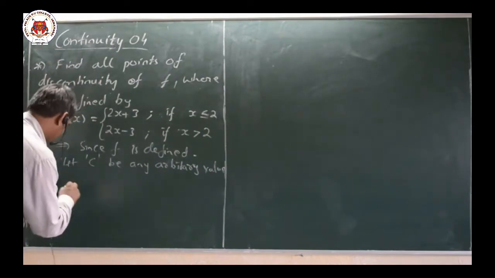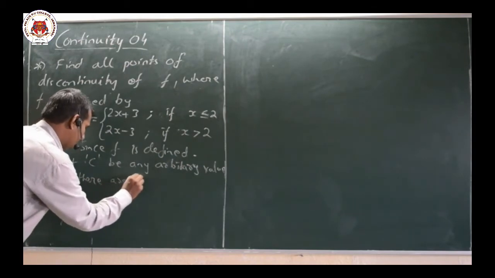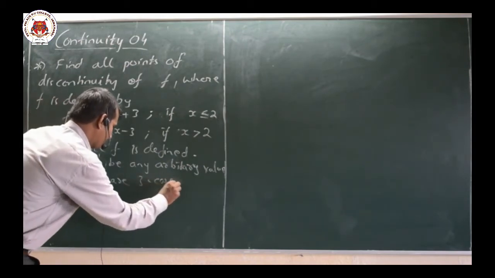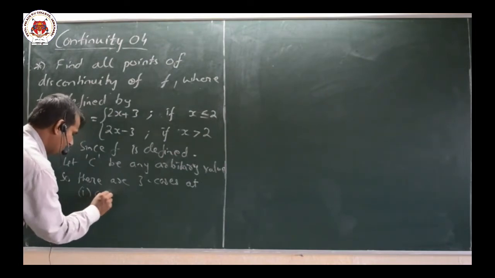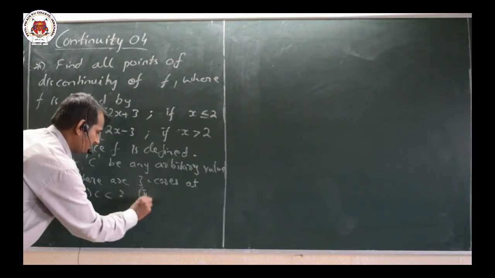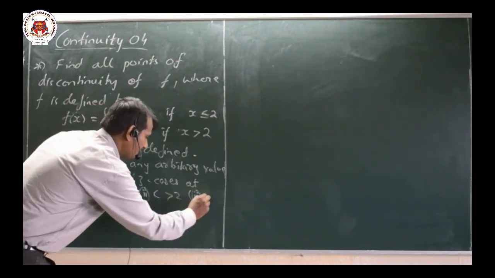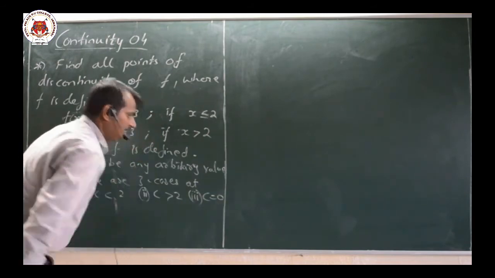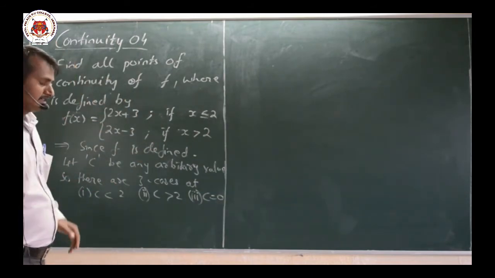So there are 3 cases: the first is C less than 2, the second is C greater than 2, and the third is C equal to 2. These are the 3 particular cases here.